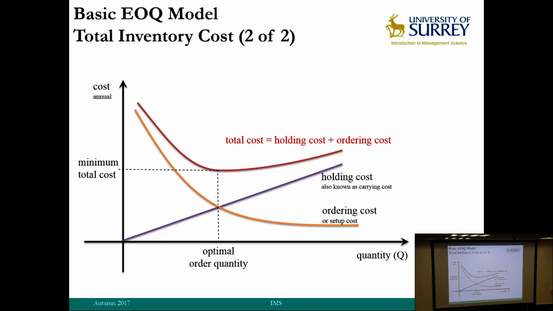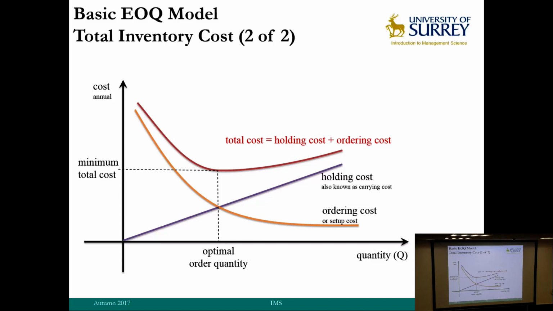Now we have a very special curve here as the total cost. If we hope to find a Q that minimizes the total inventory cost, how do we find it? Apparently the holding cost increases with the increase of Q, and the ordering cost decreases with the increase of Q. So we should find a point somewhere here that is the minimal total cost.